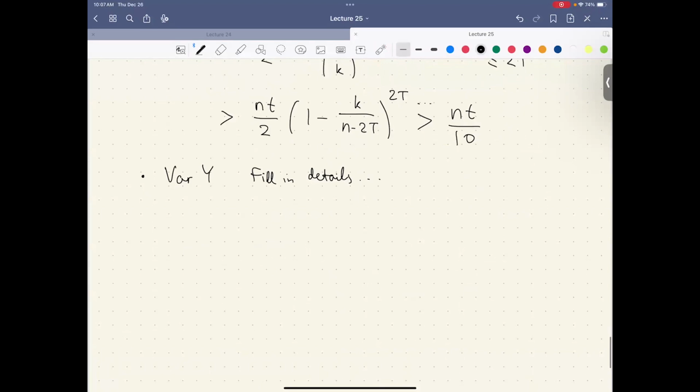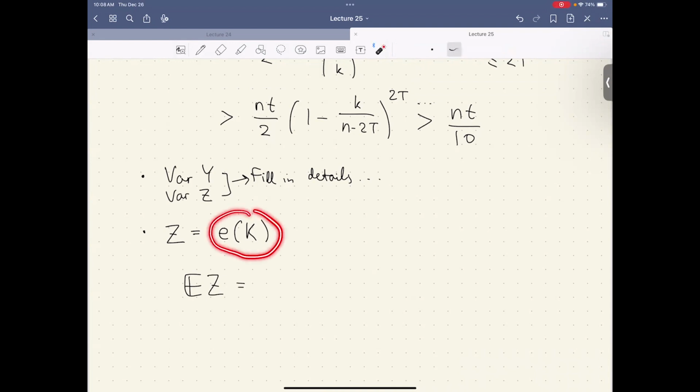So let's recall z is the number of edges in this random set, random graph K. The expectation of z is not hard to compute. I will not do the variance again, so the variance of z is for you to fill in. Expectation is again the sum over all edges.